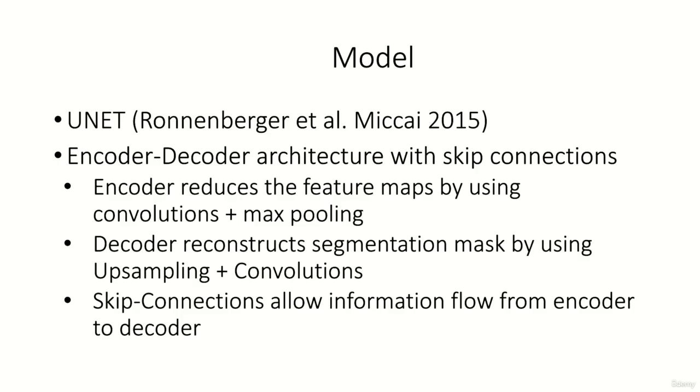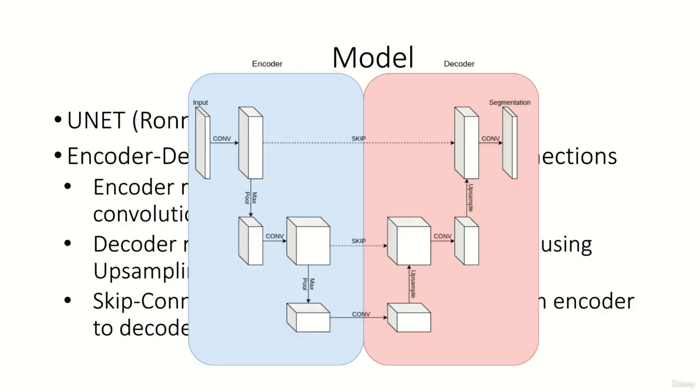The next slide shows a possible representation of this model. In the blue part, the encoder, we can see how by using convolutions together with max pooling layers, the image is progressively processed and boiled down. In the red decoder, the smaller feature maps are gradually brought back to the original image size by using upsampling layers, also combined with convolutions.